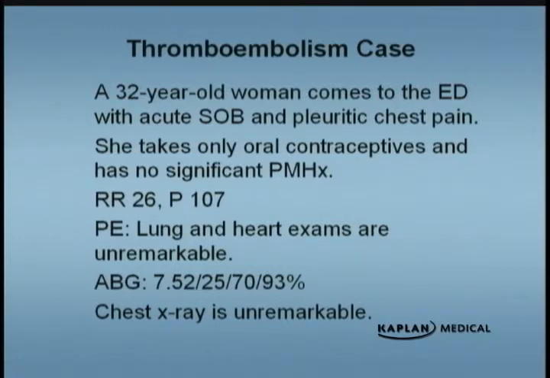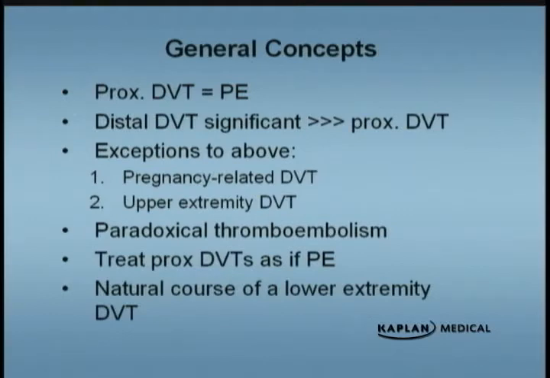So let's talk about this disease, and then we'll go back and talk about certain cases. Let's talk about some general concepts about thromboembolism. We now know that the clinically important pulmonary emboli are associated with a proximal DVT. So a proximal DVT and pulmonary embolism is one and the same disease.